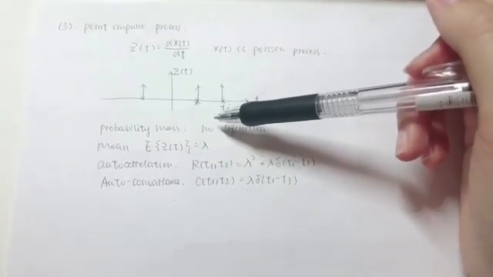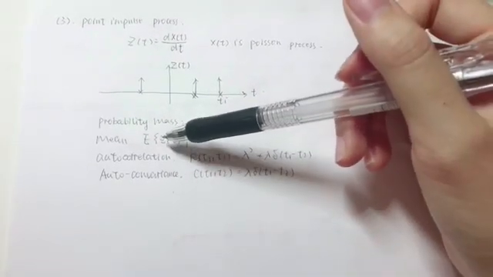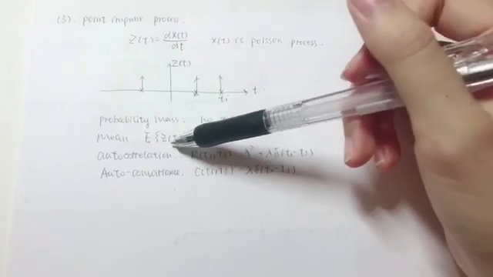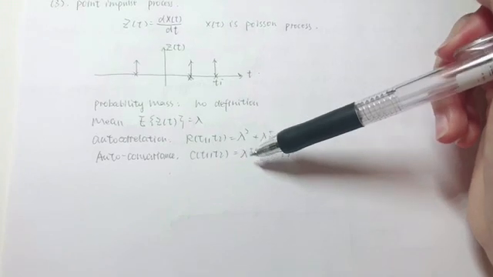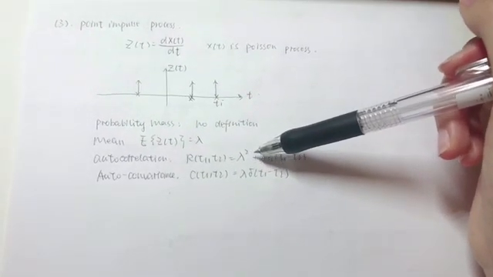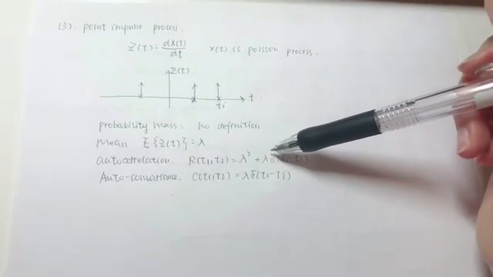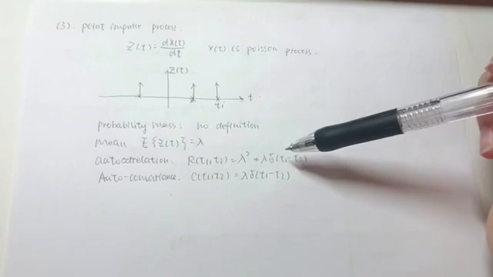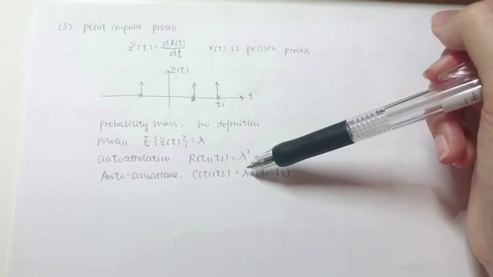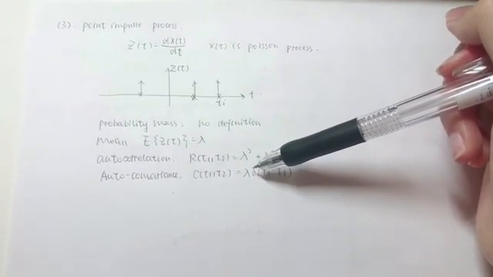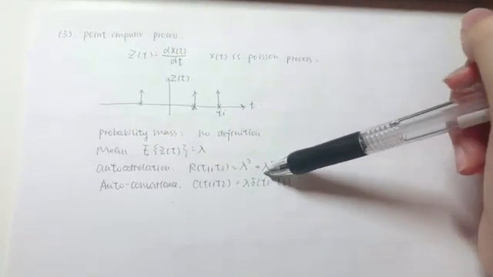The probability mass has no definition, and the mean, the expectation of z of t, equals lambda. The autocorrelation R of t1 and t2 equals lambda squared plus lambda multiplied by delta of t1 minus t2, and the autocovariance C of t1 and t2 equals lambda multiplied by delta of t1 minus t2. It's just this part.